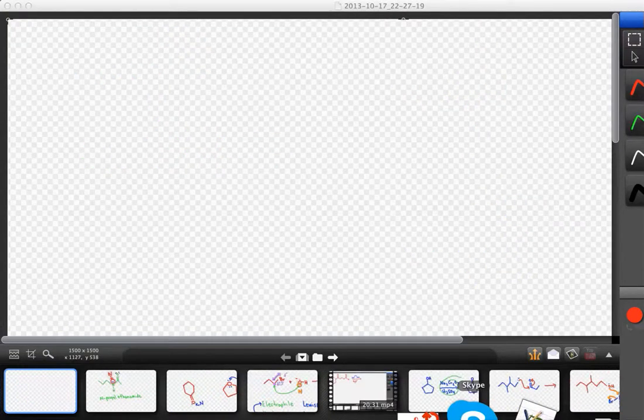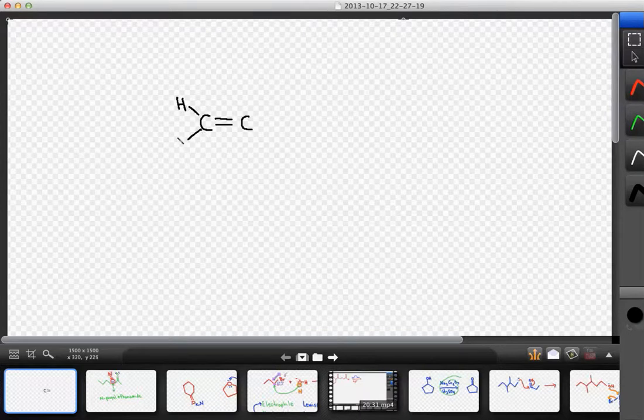Now let's take a look at the conjugate base of ethene. And so what I'm going to do is put all of the details in this particular chemical species. One of these carbons bears a negative charge.